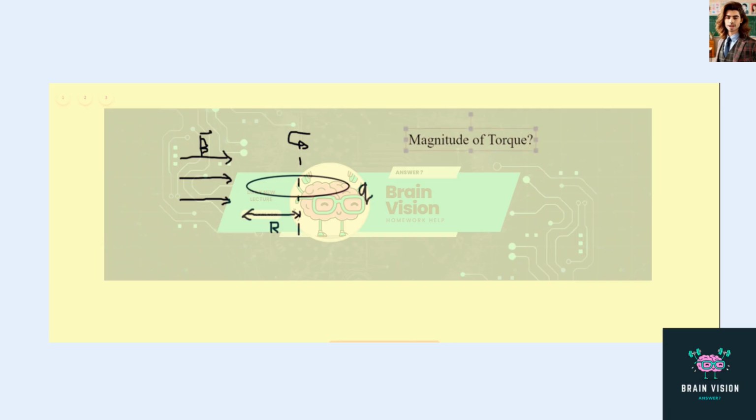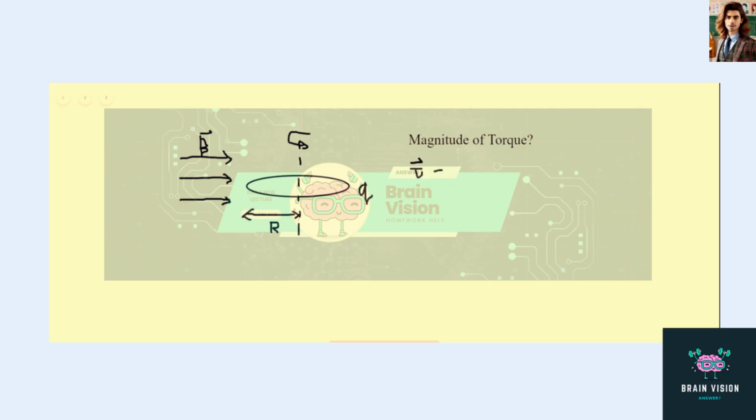So this is the formula that we are going to use because in the context of magnetic field, when we are interested in the torque acting on a loop, this is the formula that we have.